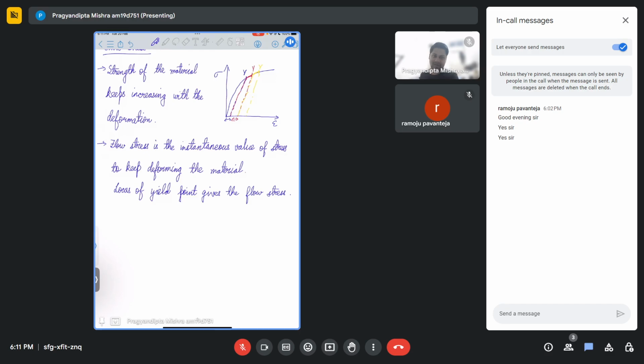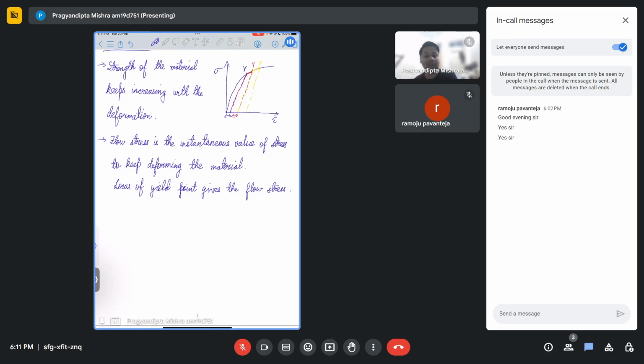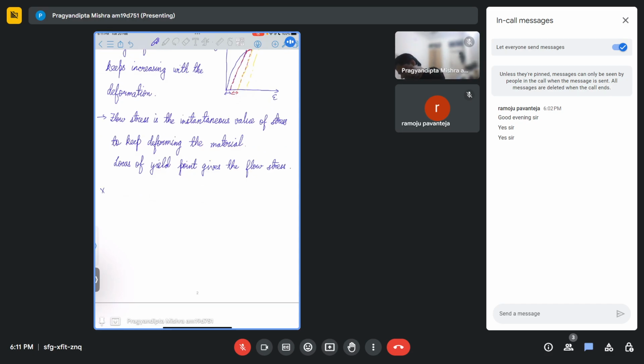Now there is a way to define or model this flow stress. If we need to model flow stress, we can use something known as the power law. This is a very straightforward basic equation.